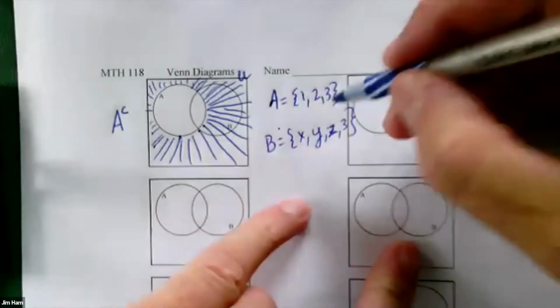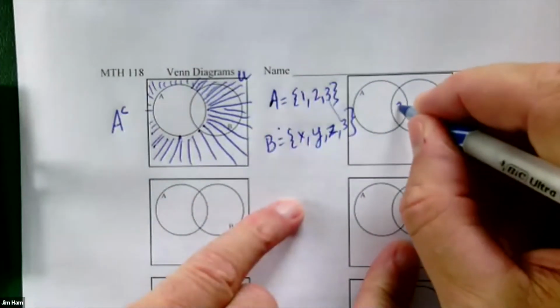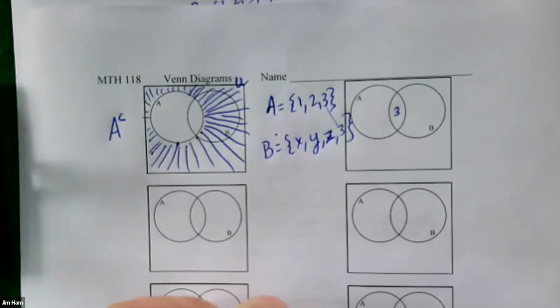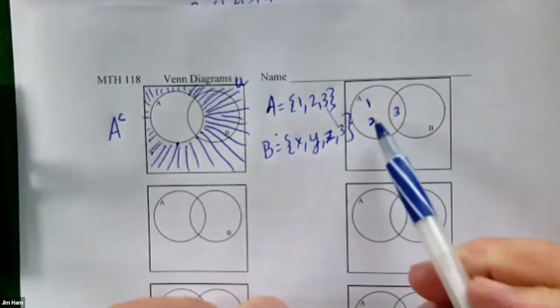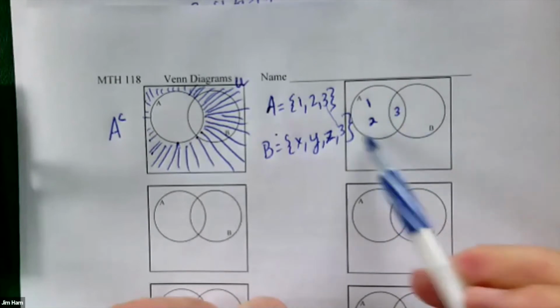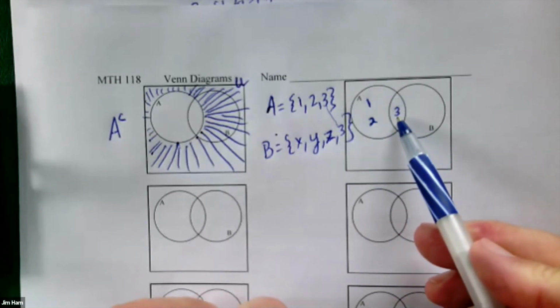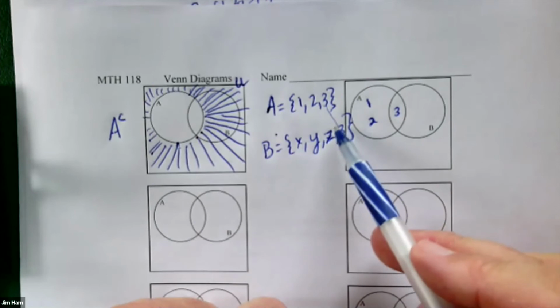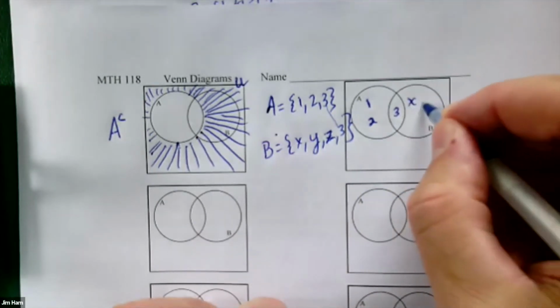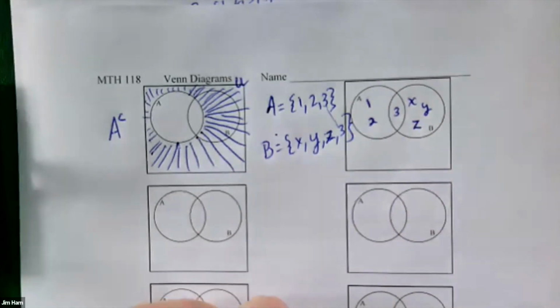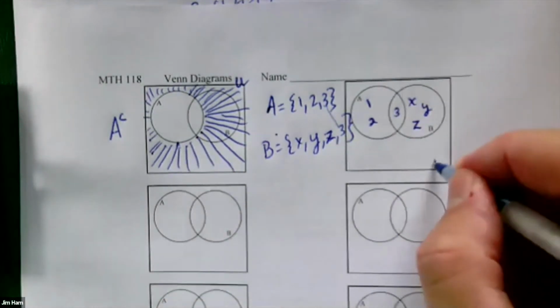Now 3 is common to both, so I'm going to put 3 in the middle. A also contains 1 and 2, so I'm going to make sure that 1, 2, and 3 are in the circle A, and that 3 is in the intersection. So I see it's common to both. B contains the 3, but it also contains X, Y, and Z. And this is the universal set.